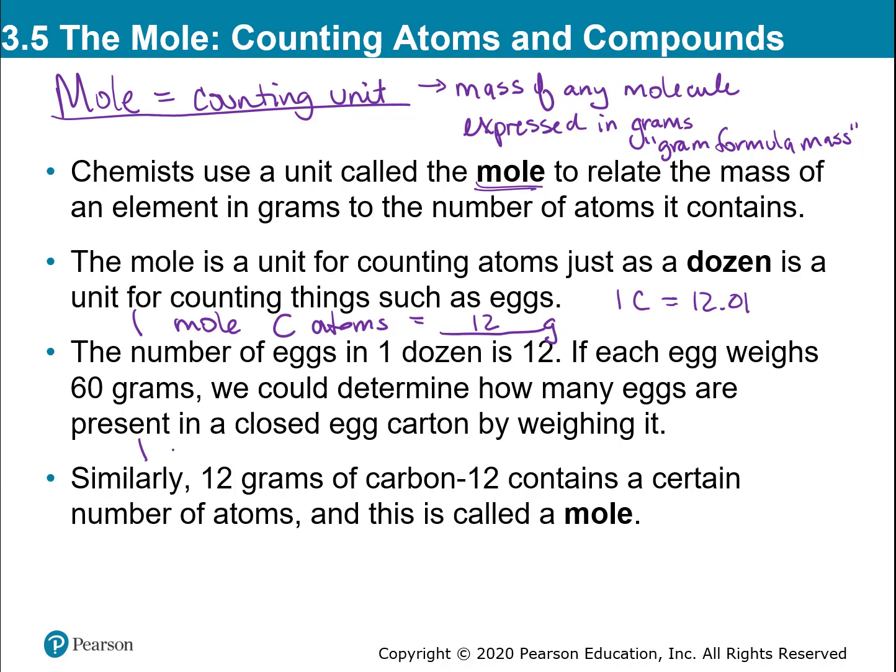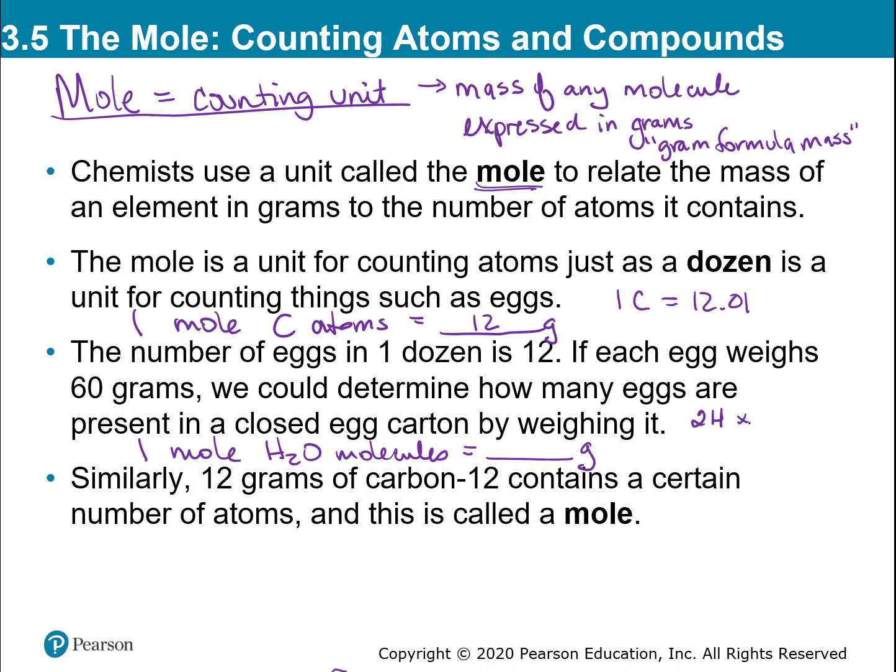So then what if I have 1 mole of water molecules? How much would that weigh, in grams? So to find the gram formula mass, you just take the mass of each atom in the formula. So the formula says I have how many hydrogens? 2 hydrogens, and each one weighs 1.008, just round to a whole number.